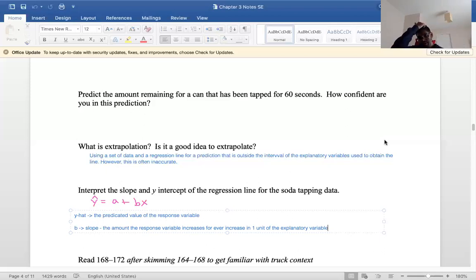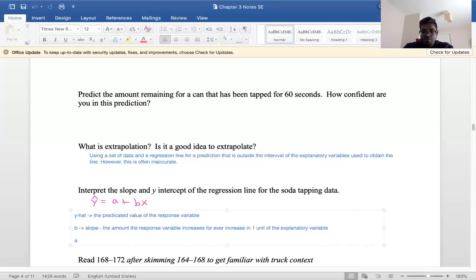Your explanatory variable was the tapping time, and your response variable is the amount of soda left. So for every 1 second increase in the amount of time that we tapped on the can, the amount of soda that was going to be left in the can is going to increase by 2.63. So again, for every 1 unit in the x, we're going to expect this difference in the y. That's how you're going to say all those when you interpret slope. That's what you're going to do every time.